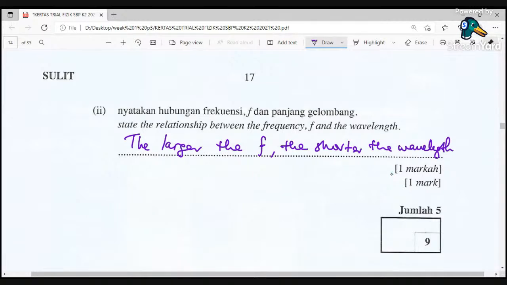Okay, rightfully, the larger the frequency, the shorter the wavelength.